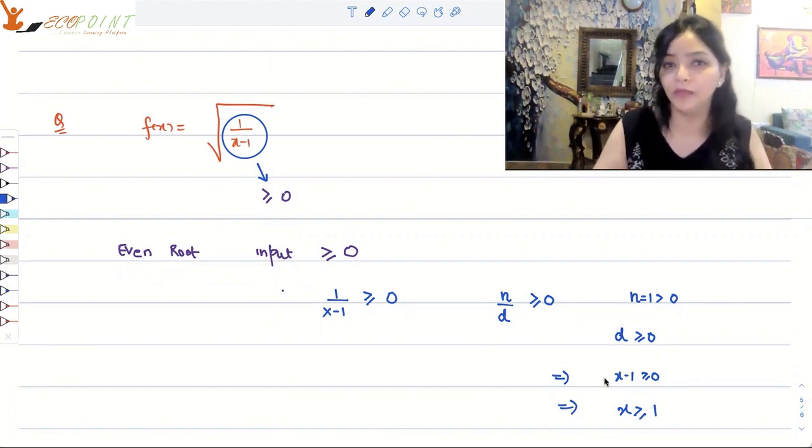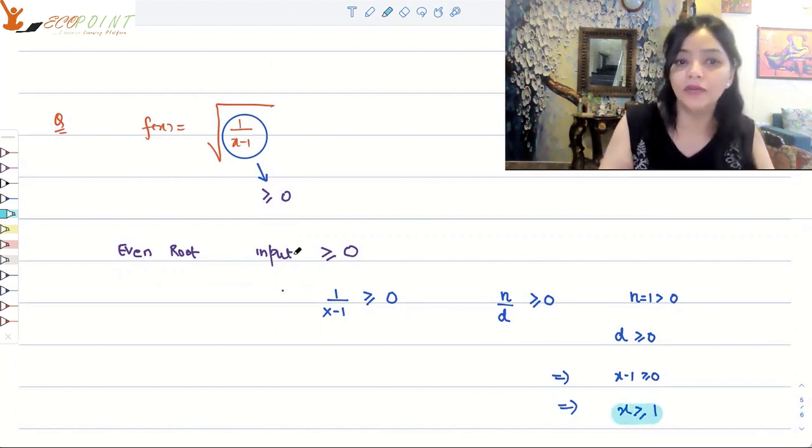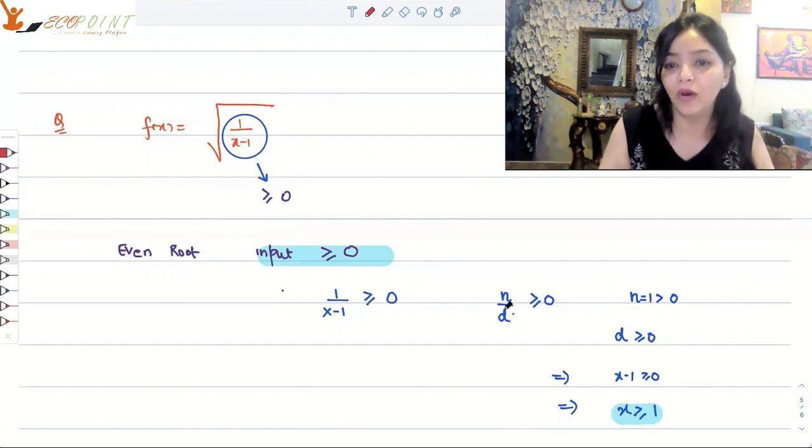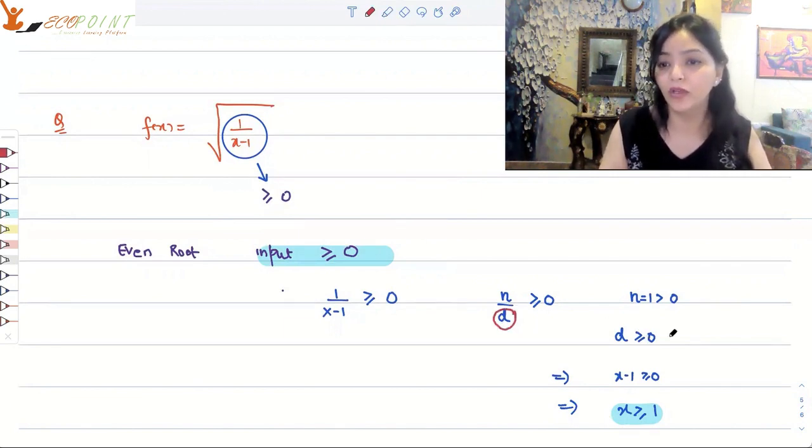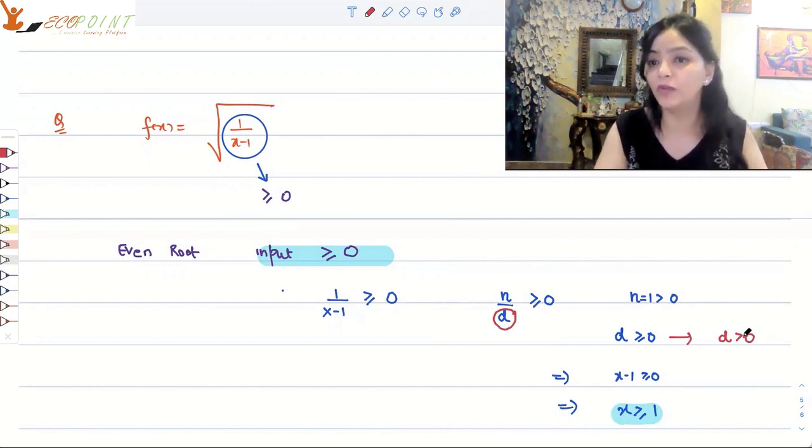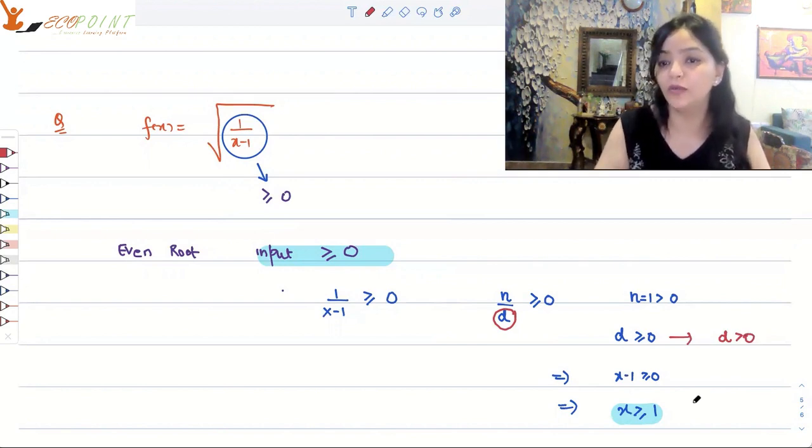The problem here is that we have taken greater than or equal to. Yes, even root input has to be greater than or equal to 0, but the denominator cannot be equal to 0. So here, instead of denominator greater than or equal to 0, the denominator should be strictly greater than 0. You cannot take the denominator to be equal to 0.